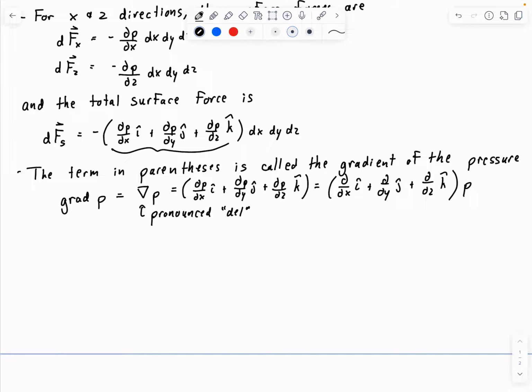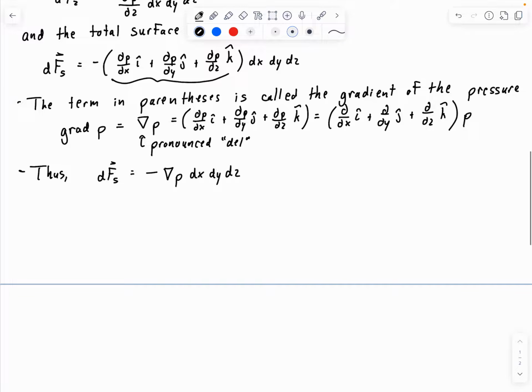But the point here is that the surface force is equal to minus the pressure gradient multiplied by dx, dy, dz. And so we can write that out as dFs is equal to minus del p dx, dy, and dz. So that is the expression for the total surface force, and that encompasses pressures in the x, y, and z directions.